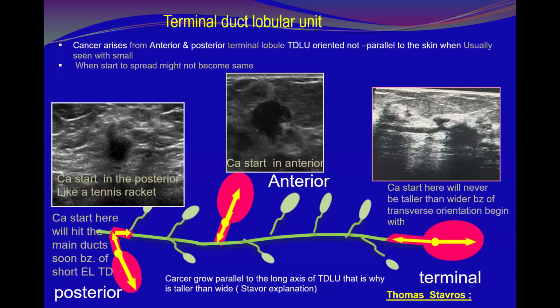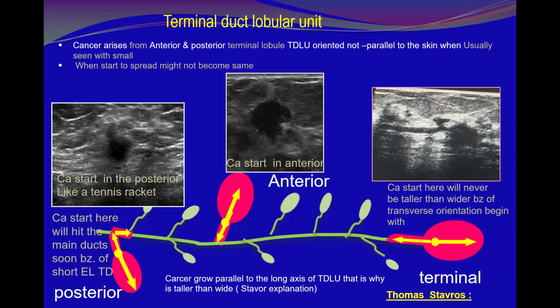Okay, so in conclusion, the non-parallel orientation is due to cancer arising from the anterior or posterior, and the shape depends on the terminal duct, whether it is anterior or posterior, and the extent through the terminal duct lobular unit.